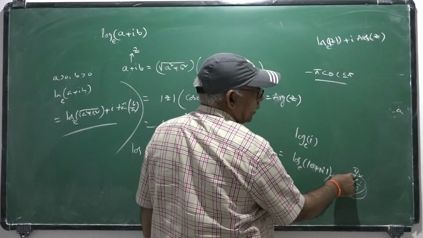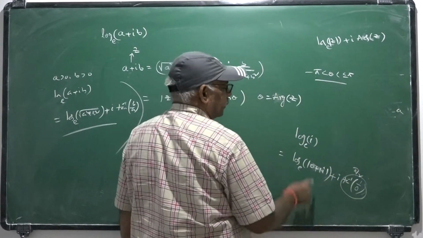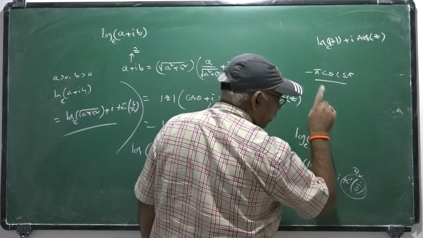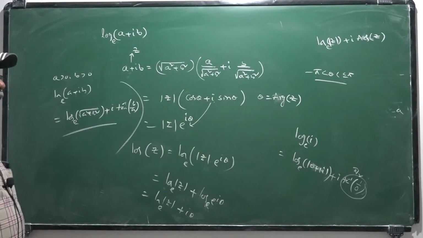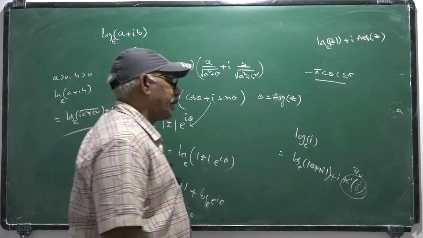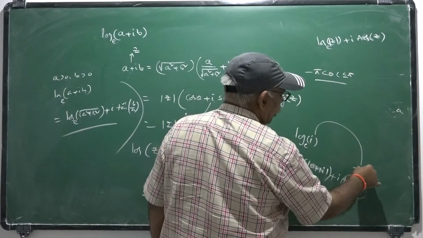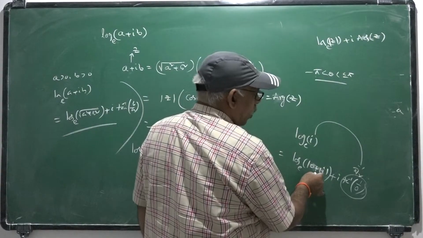This is purely imaginary. The argument is pi by 2. And moreover, it lies on the positive imaginary axis. The principal argument is pi by 2.